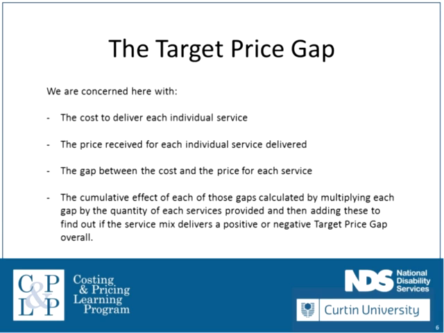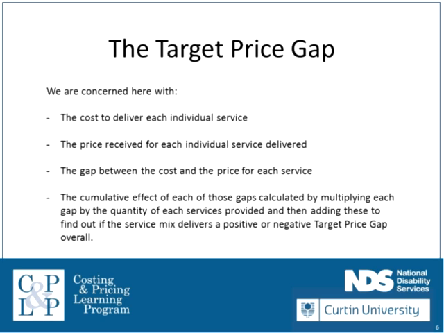In doing so, in looking at the target price gap, we need to be concerned with things like the cost to deliver each individual service, the price received for each individual service, and the gap between that cost and the price.